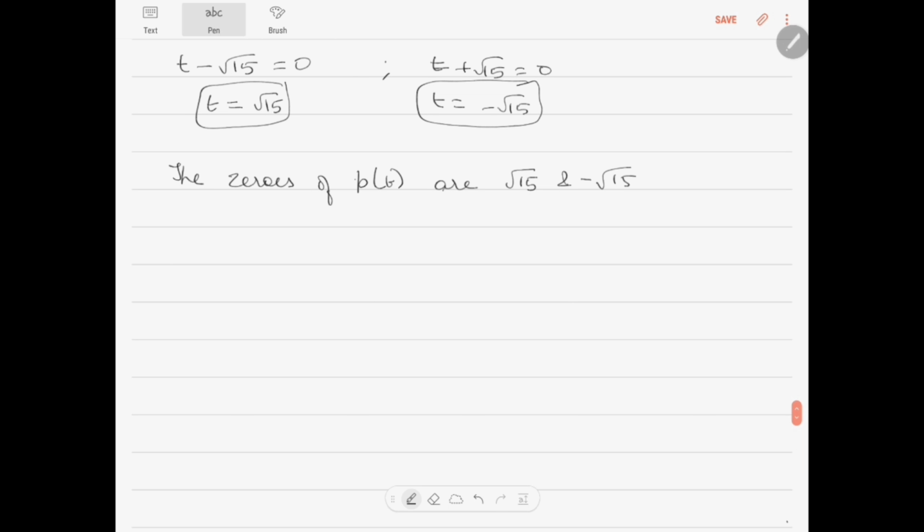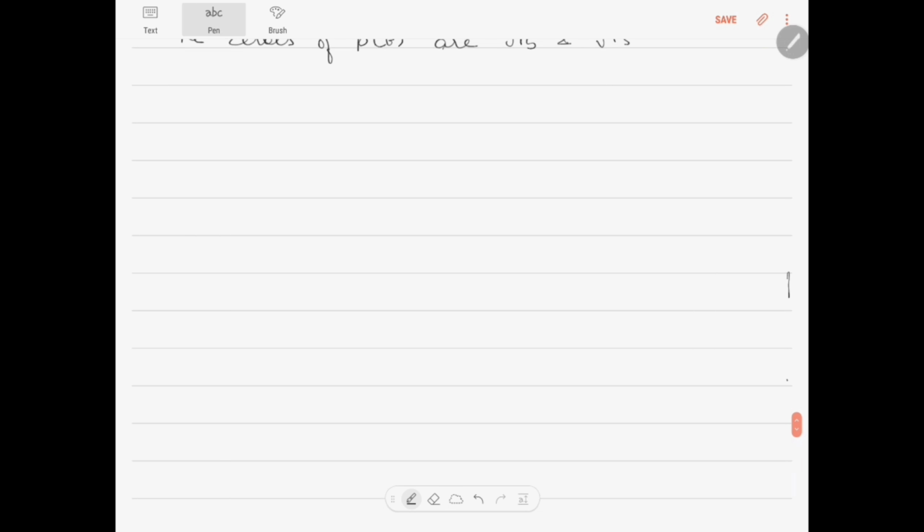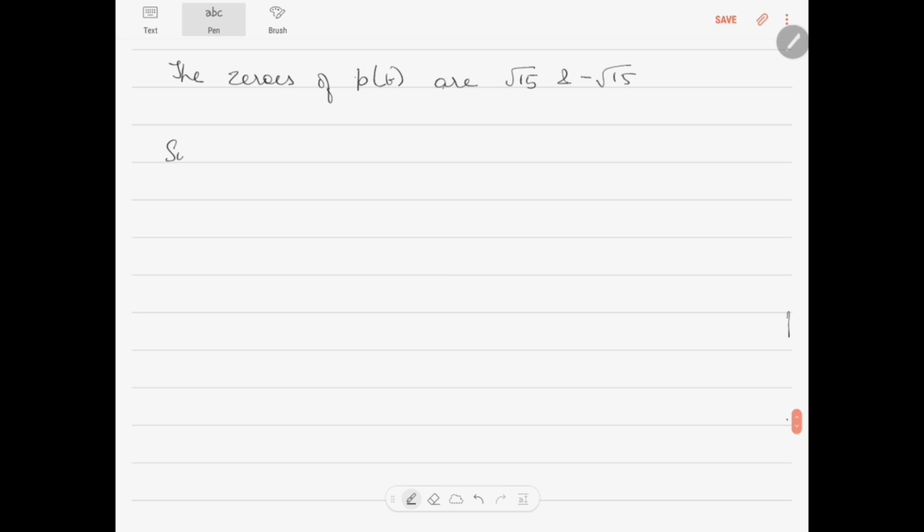Now we have to find the sum and the product. Sum of its zeros will be minus coefficient of t by coefficient of t square. The equation is given as t square minus 15.